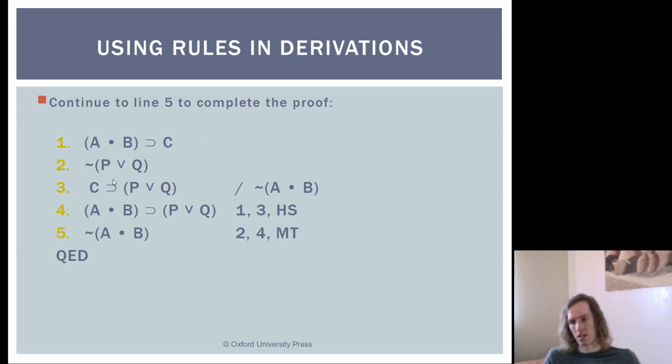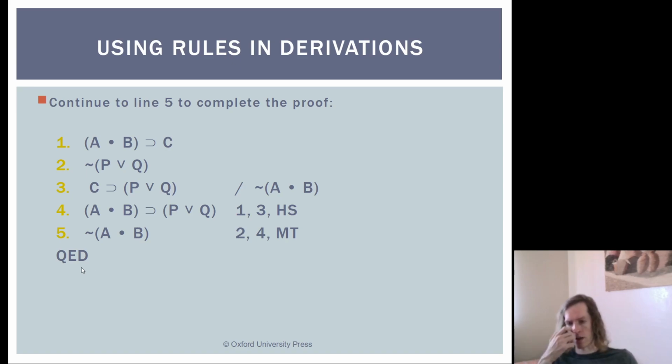Well, if we look at line 2, it's not the case that P or Q, and if we apply that to line 4, we get the negated antecedent using modus tollens. So with lines 2 and 4 and modus tollens, we're able to write down a new well-formed formula here: it's not the case that A and B, and it turns out that not A and B is the conclusion that we were trying to show, so we're done.